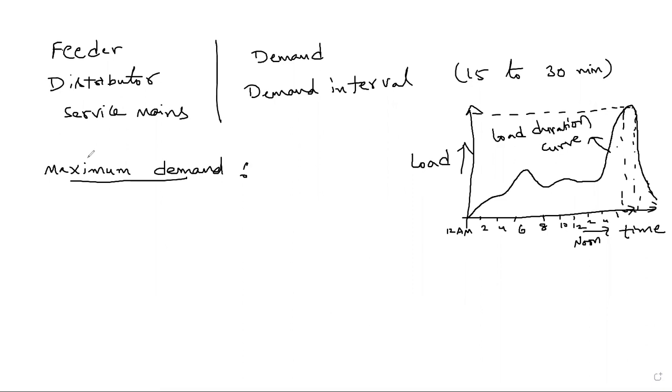Simply the maximum load that can occur in a specified time period. Note down the definitions of these simple side headings so that it is easy for you to write your examination. Note down all of you the definitions. Maximum demand, very important.